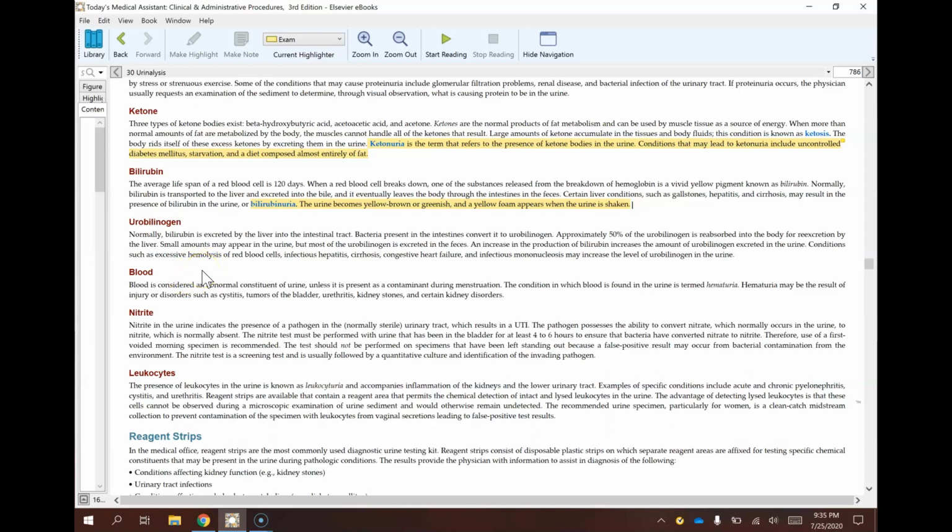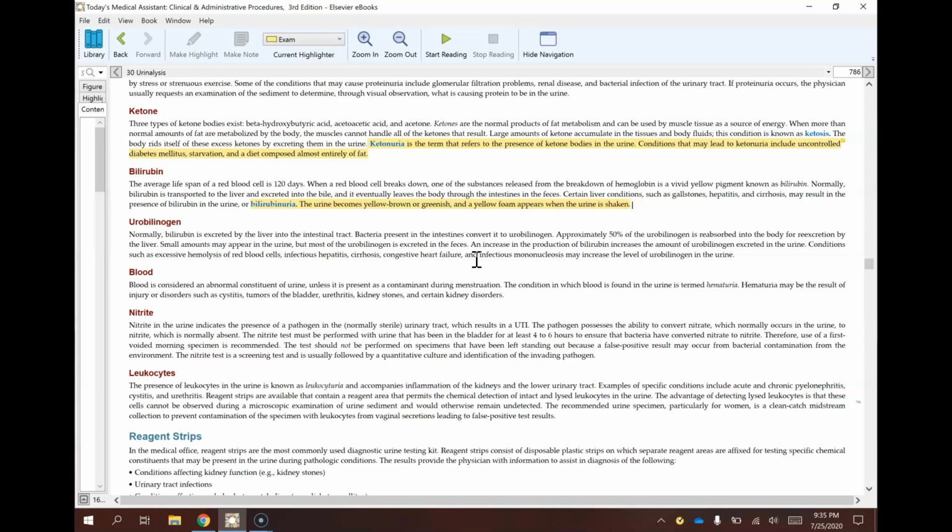The next item you're looking at is something called urobilinogen. Remember, we talked about bilirubin going into the liver and into the intestinal tract, and bacteria converting it.